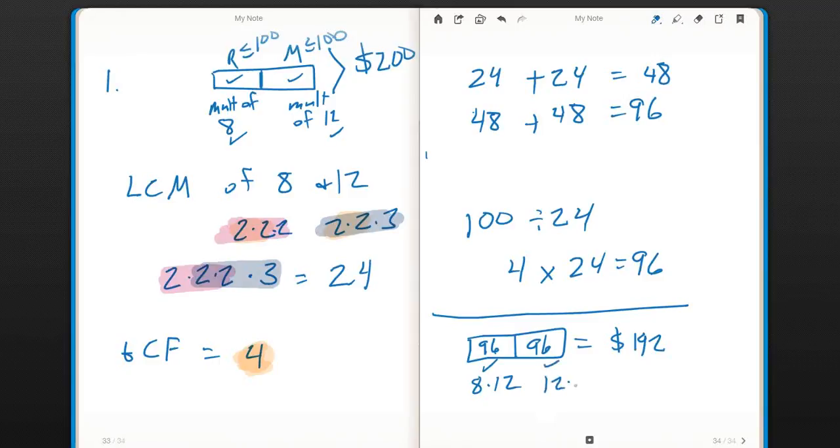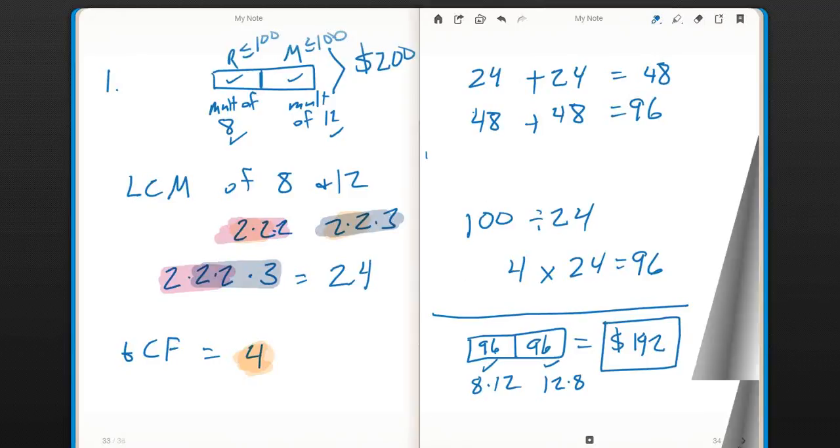This is 12 times 8. Look at that. And so $192 is the total. What is the question? What is the largest possible sum of money shared by them if it does not exceed $200?